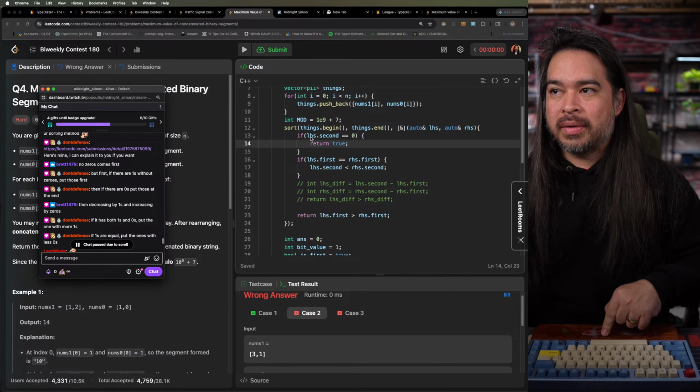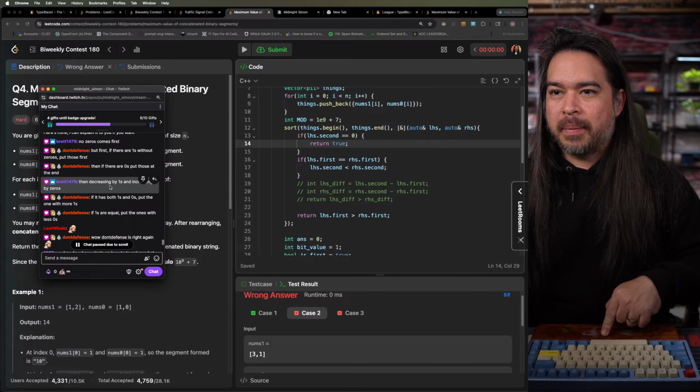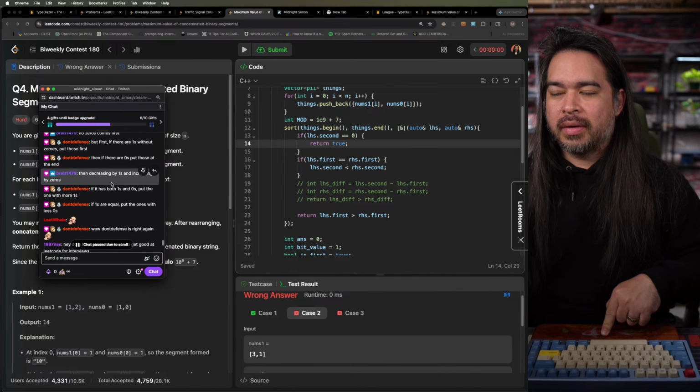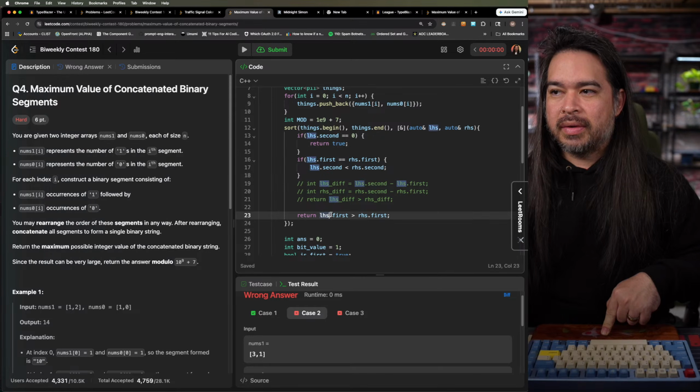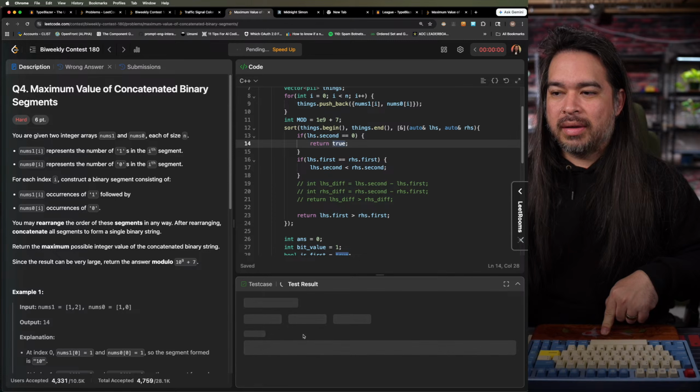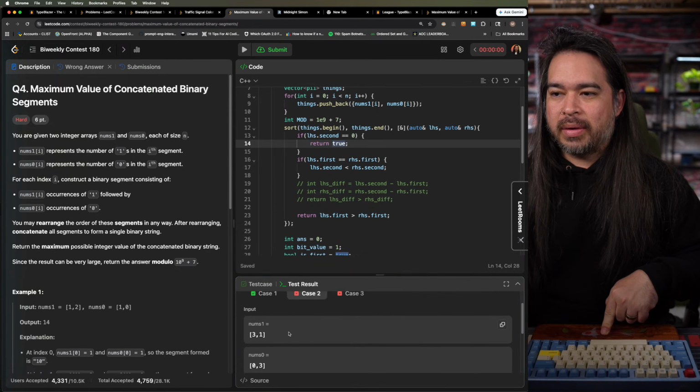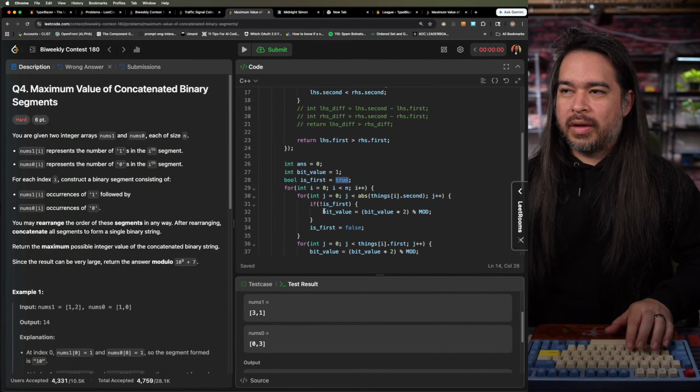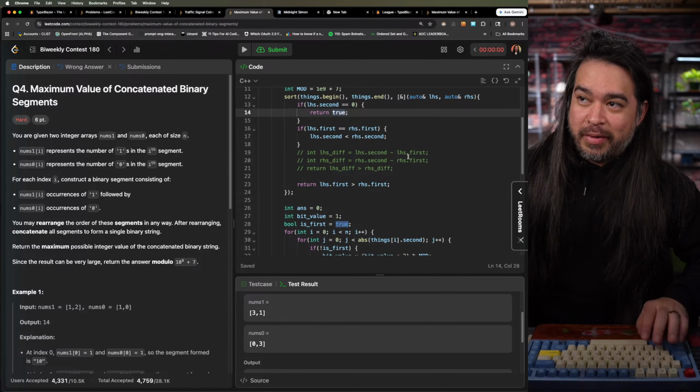So how do I do that? Decreasing by ones and increasing by zeros. I think that's how I have them. But I'm not sure, man. I can't believe I can't even put in a sort.